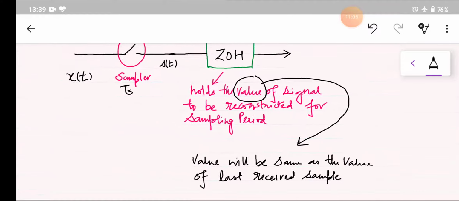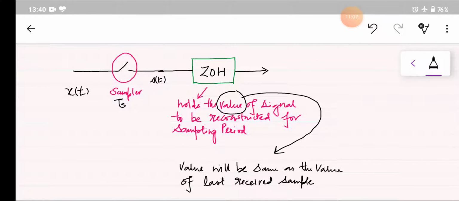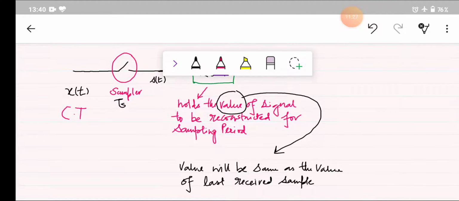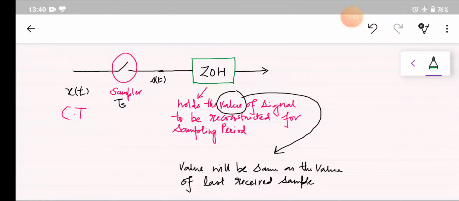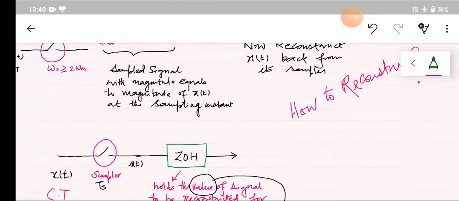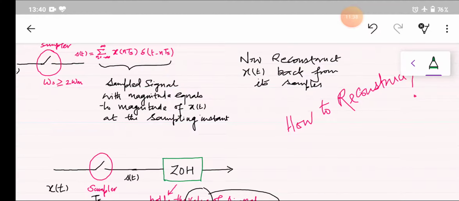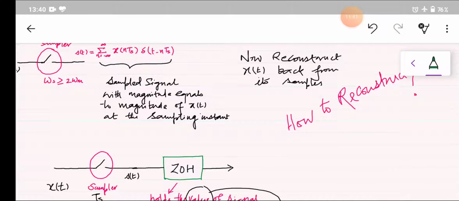So you can see that when x(t), which is a continuous time signal, is passed through the sampler with a sampling time period of Ts, it will be converted to s(t). And when this s(t) signal needs to be reconstructed, as you can see, the main goal of signal reconstruction is to reconstruct the signal back from its samples.